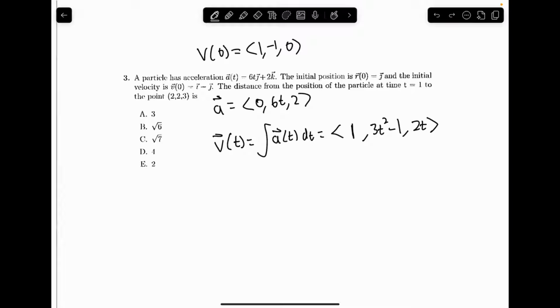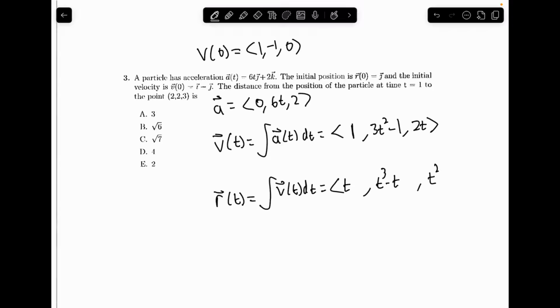Perfect. Now we can do the same thing: integrate velocity, get position. So r of t is going to be the integral of velocity, and we just integrate each of the components. We get t plus a constant, which I'm going to leave out, then t cubed minus t, and again a constant, and then just t squared.